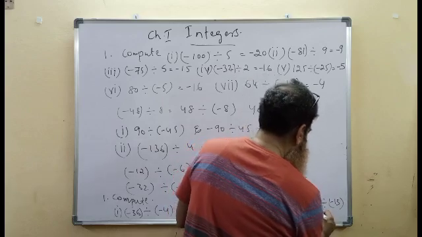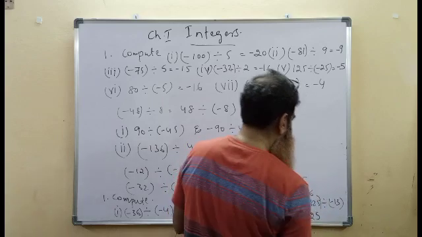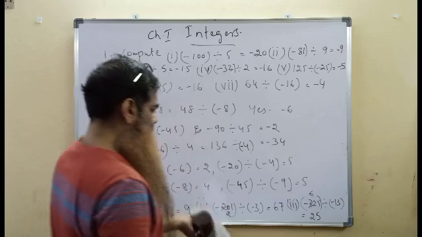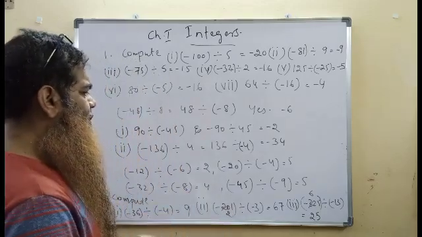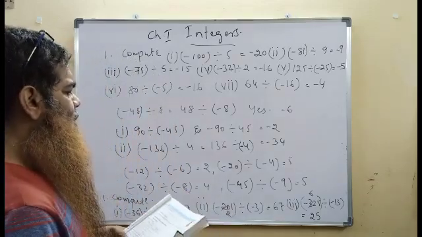Then 13 times 5 is 65. So the result is 25. Minus 325 divided by minus 13 is 25.